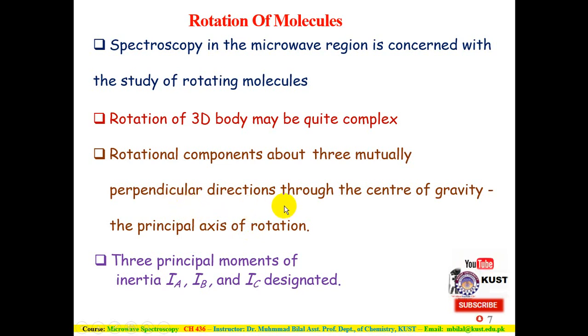So we can divide this into three moments of inertia, IA, IB and IC, because the molecule rotates about three axes: x-axis, y-axis and z-axis.